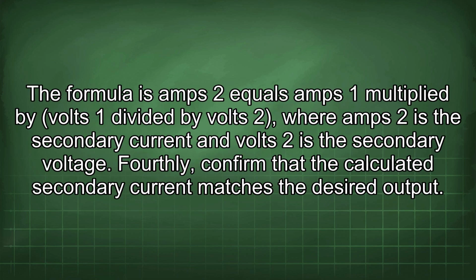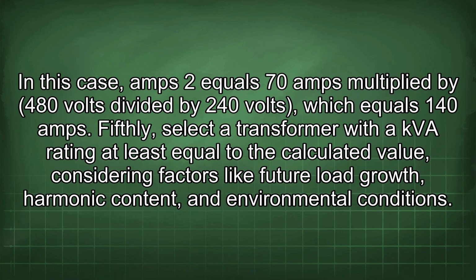The formula is amps 2 equals amps 1 multiplied by volts 1 divided by volts 2, where amps 2 is the secondary current and volts 2 is the secondary voltage. Fourthly, confirm that the calculated secondary current matches the desired output. In this case, amps 2 equals 70 amps multiplied by 480 volts divided by 240 volts, which equals 140 amps.